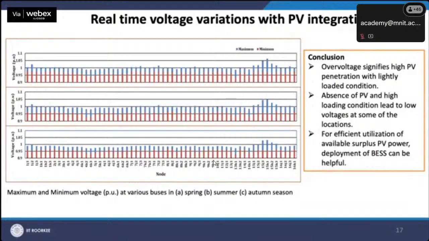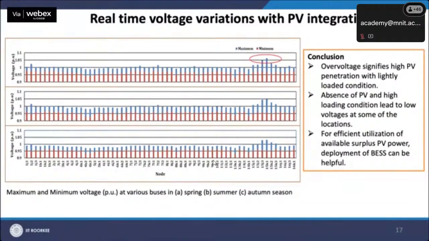We have captured screenshots of the maximum and minimum voltages during the 24-hour operation for each season, taking extreme weather and load conditions into account.